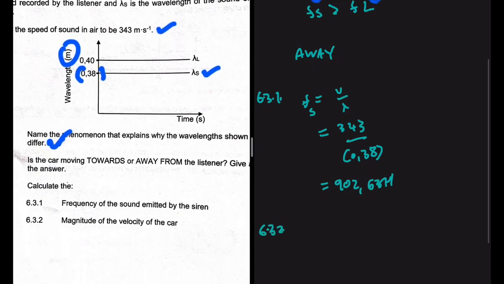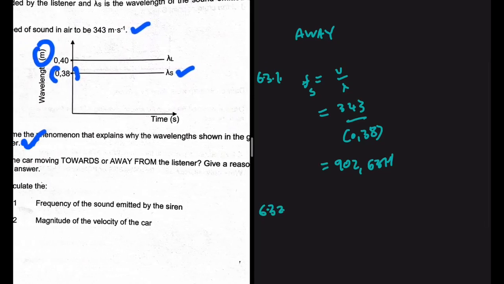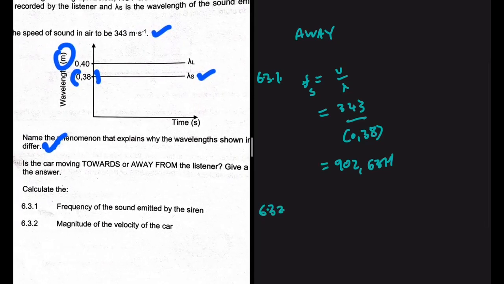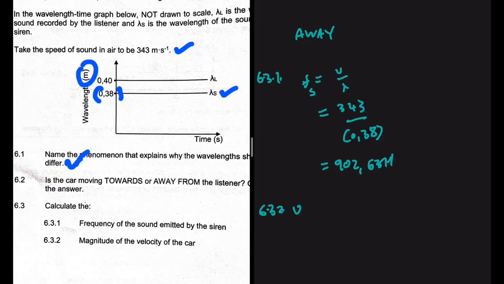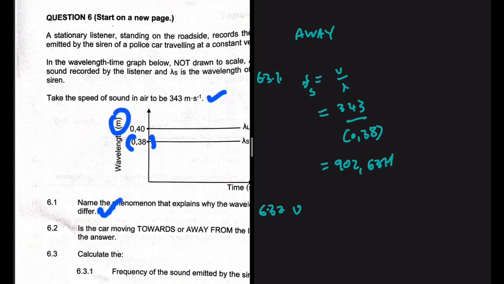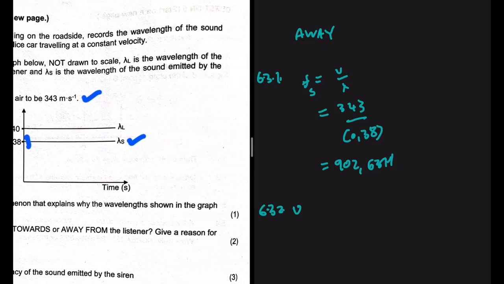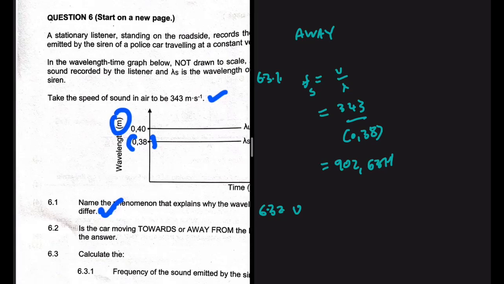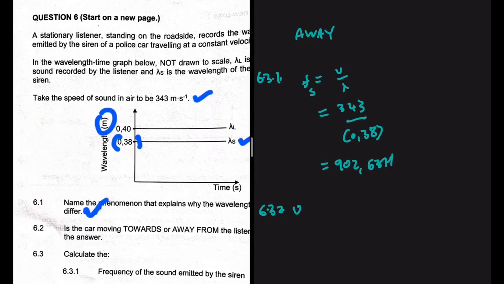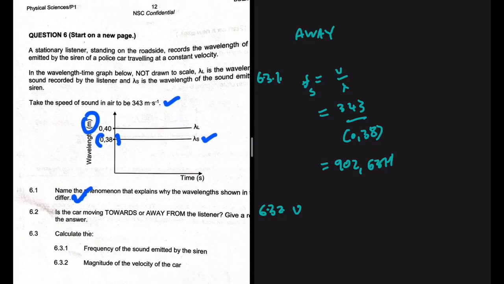6.3.2, magnitude of the velocity of the car. That is actually the last question in question 6. So we are looking for the velocity of the car. Is the listener the one who is stationary, or is the car, our sound source, the one that is stationary? Let's go through our question statement again. A stationary listener.